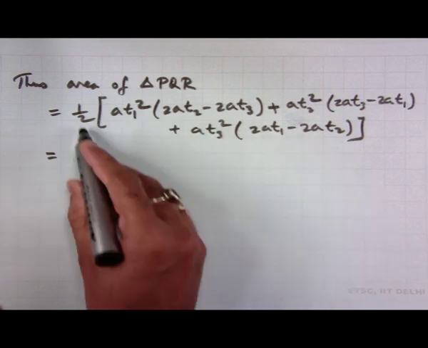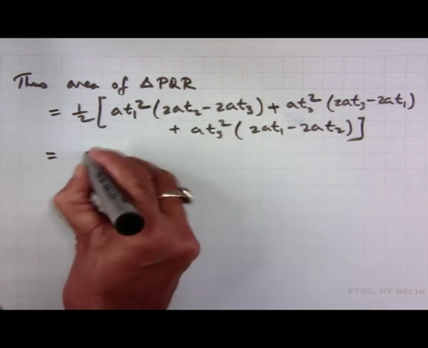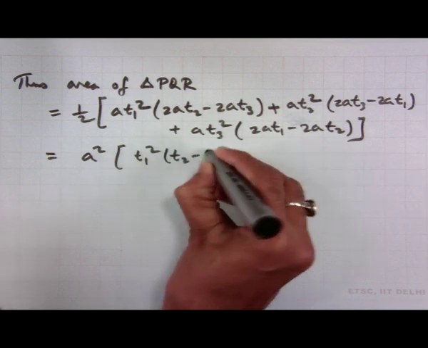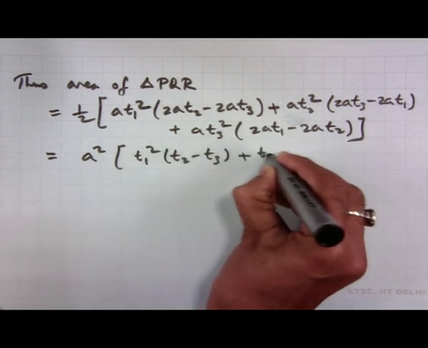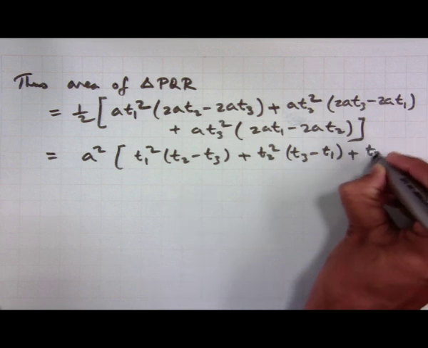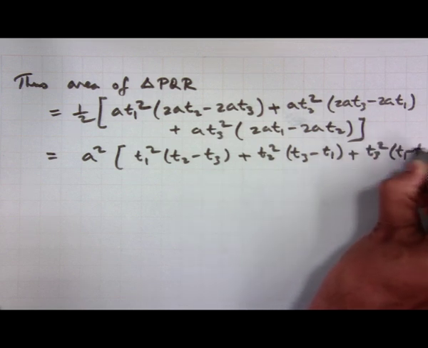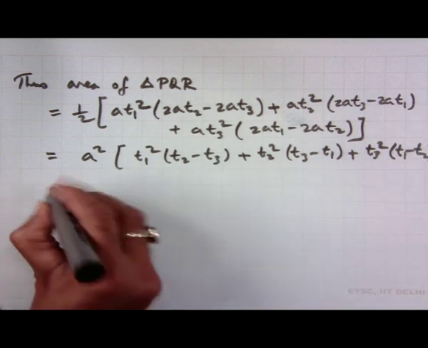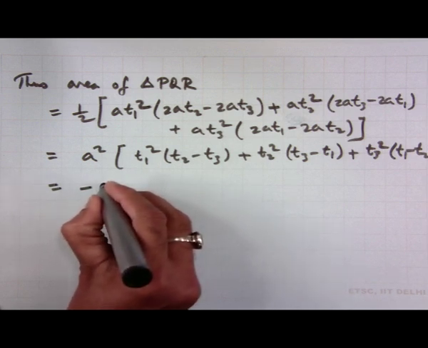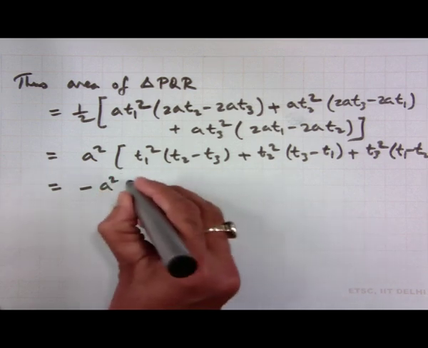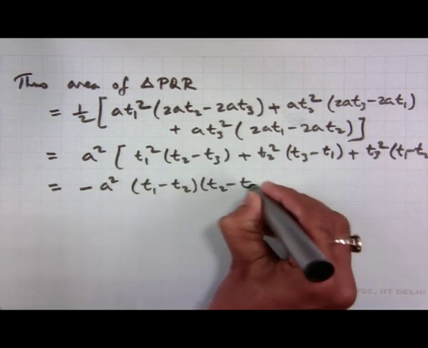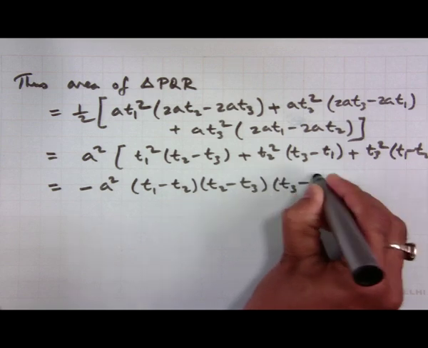If you take out 2, it cancels with half. So, a square times t 1 square, t 2 minus t 3, plus t 2 square, t 3 minus t 1, plus t 3 square, t 1 minus t 2, which is equal to minus a square times t 1 minus t 2, t 2 minus t 3, t 3 minus t 1.